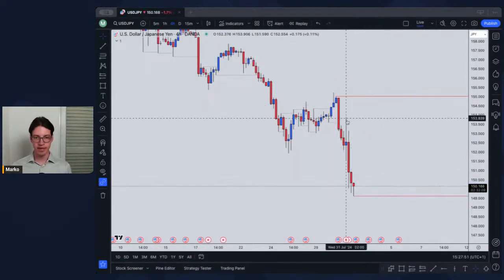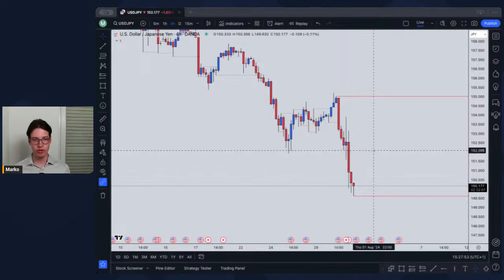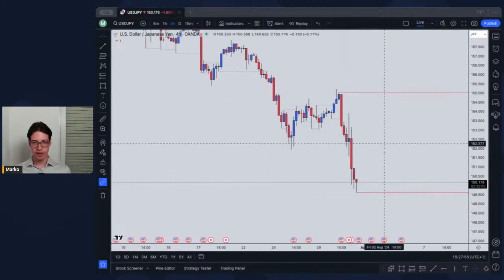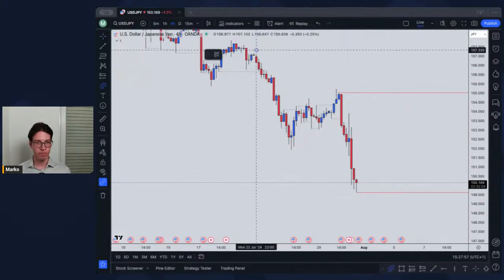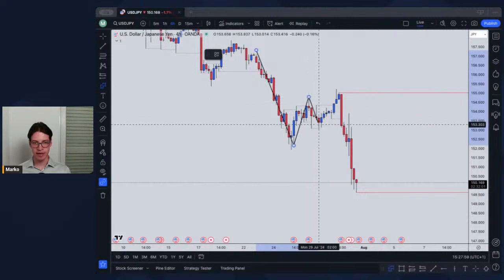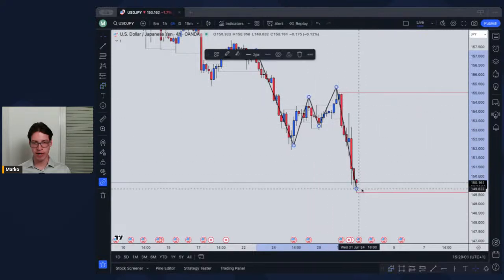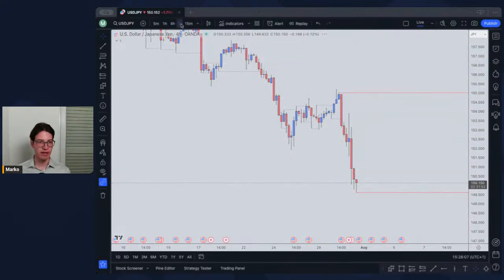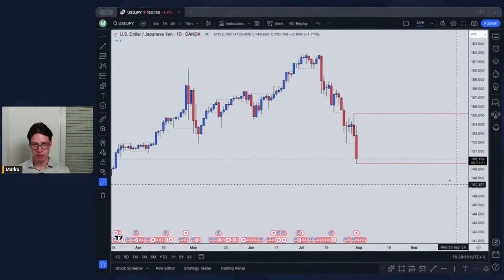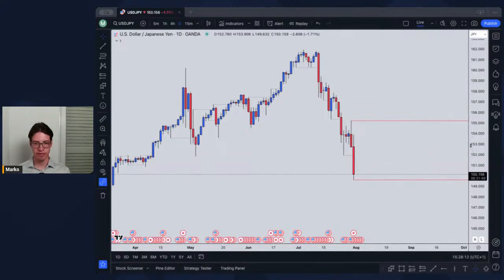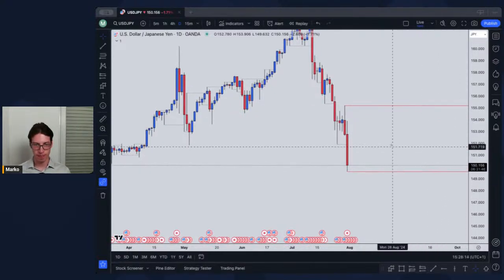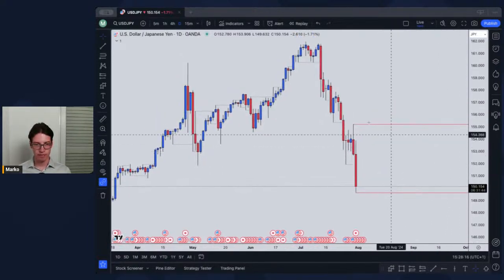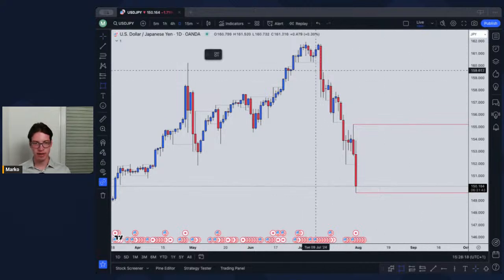So yeah, big leg down, big bearish pressure here as well. Definitely in a downtrend. And I would look to be a seller in this market. This does look good for a sell setup. Daily. Yeah, daily looks very, very bearish. So we have some big legs going down.